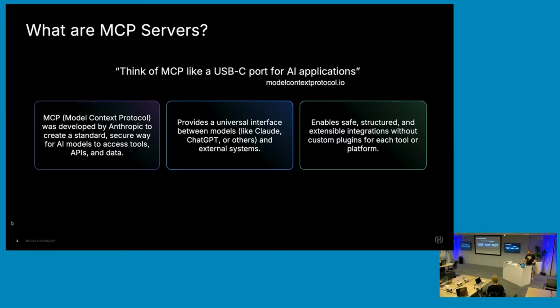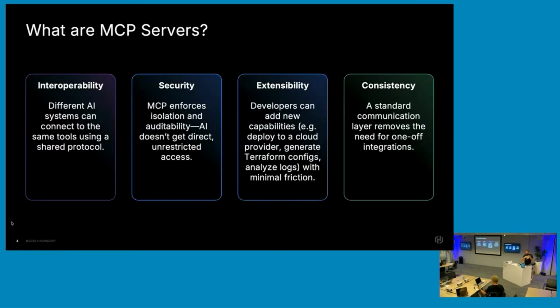The idea being that when you run an MCP server, it's providing interoperability, so allowing AI systems to connect to the same tools with a shared protocol, and security. This is a really interesting part of it, because you can have your MCP server running in isolation, talking to a specific tool or endpoint, with its own security context.